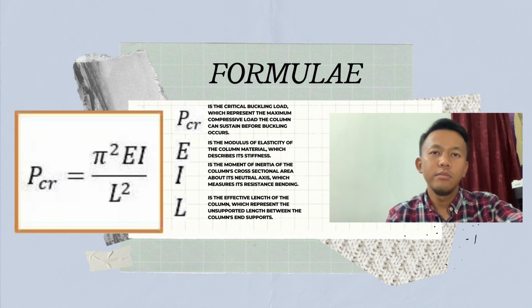E is the modulus of elasticity of the column material, which describes its stiffness. I is the moment of inertia of the column's cross-sectional area about its neutral axis, which measures its resistance to bending. L is the effective length of the column, which represents the unsupported length between the column's supports.